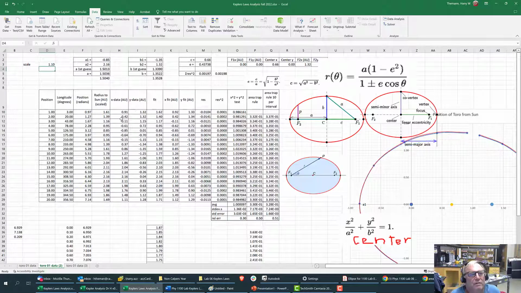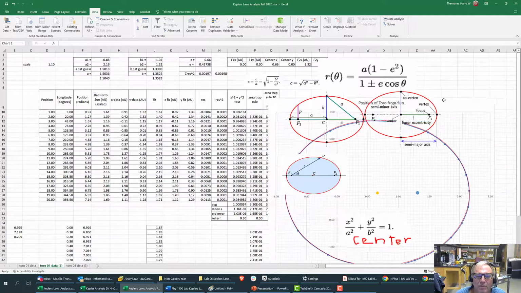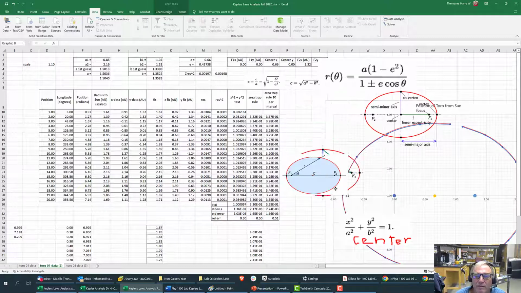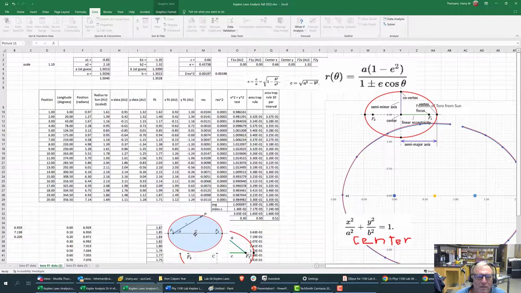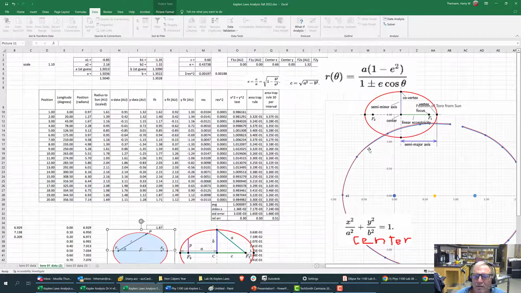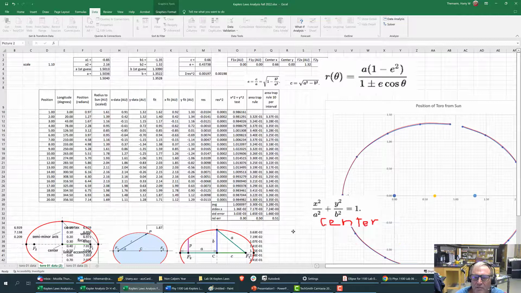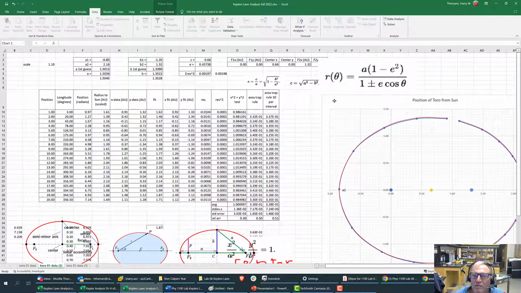Okay, so we need to get values for A and B and C and E. So what it did is, because now I'm assuming I have my graph rotated properly, and we're just going to take their word for it that 52.5 is correct. I personally am not convinced just now, but that's all right.